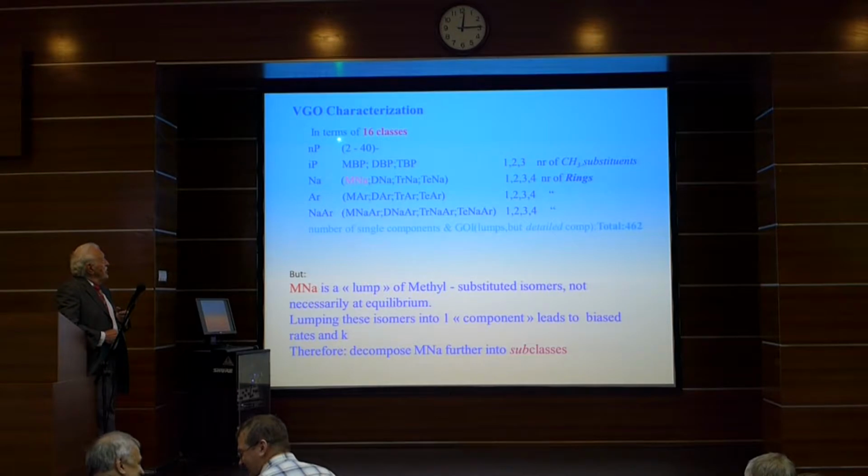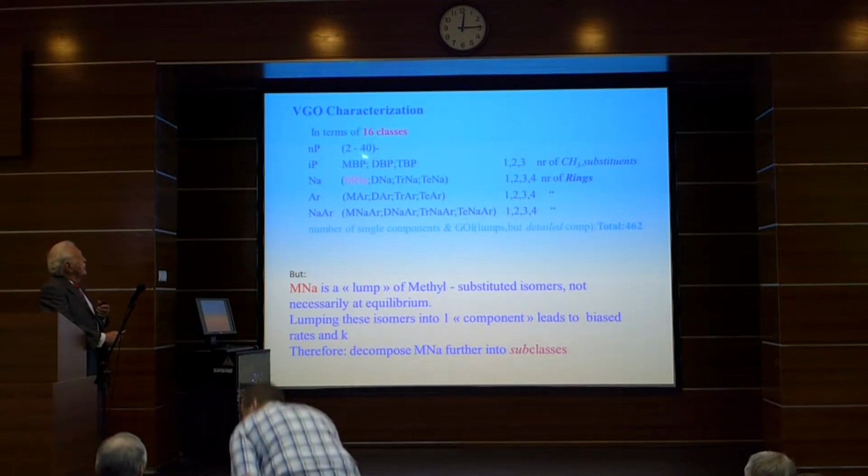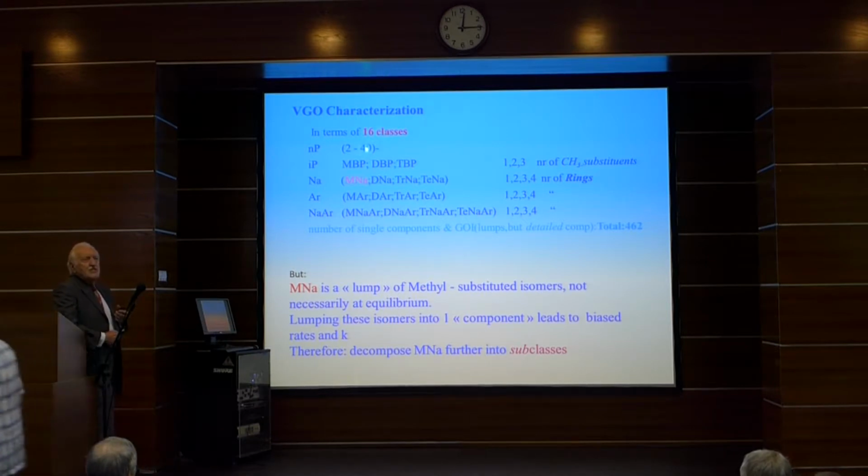Well, the first level is the one that leads to 16 classes, and the 16 classes consist of normal paraffins, isoparaffins, naphthenes, aromatics, naphtheno-aromatics.